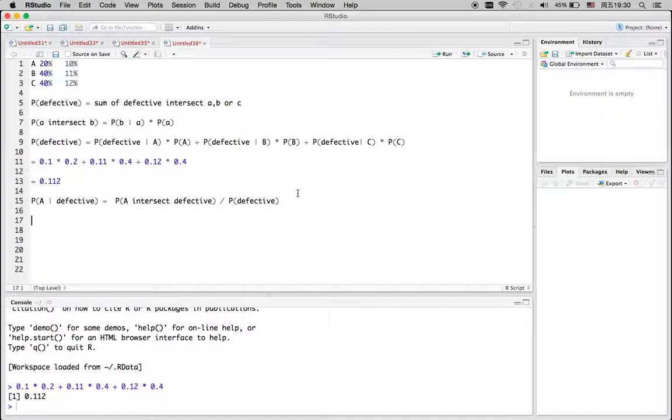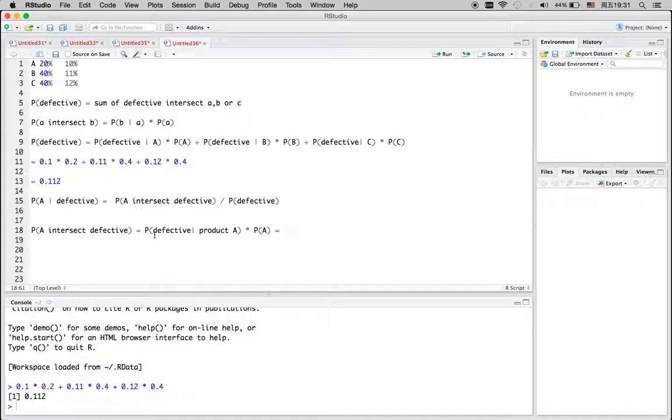For the numerator, based on the multiplication rule of probability, the numerator will be the probability of defective given product A, multiplied by the probability of product A. So here we can see that we already know the number for this one and also the probability for product A. So here we simply just need to plug in the number.